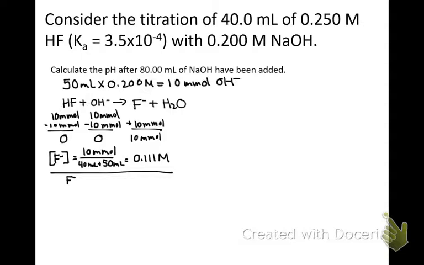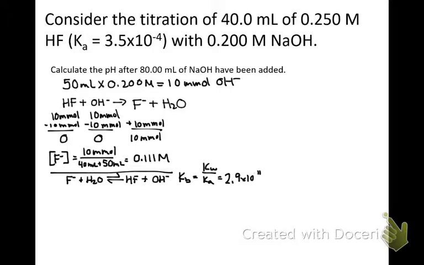So F minus can react with water to form HF and OH minus. This reaction is written in the form of Kb, which we can find using Kw. If we do that, we find out that the Kb for F minus is 2.9 times 10 to the minus 11.